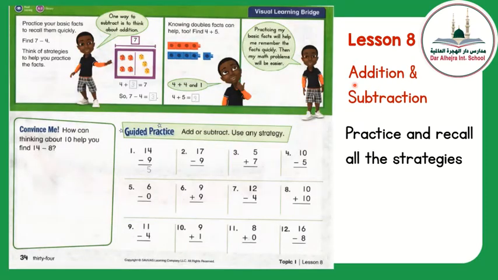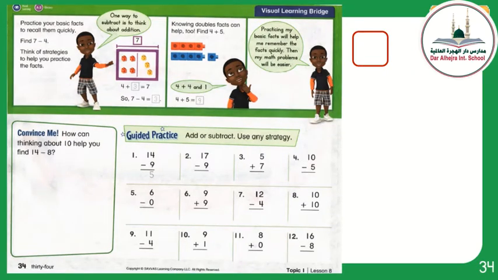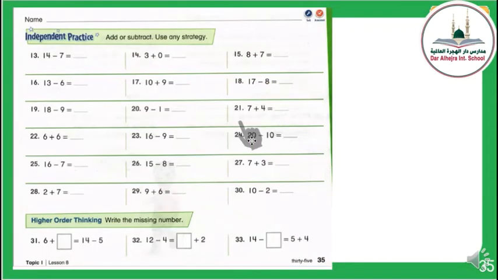Finally, we are on lesson number 8, where we are going to revise all of the addition and subtraction strategies we have studied up till now, and we can use any of the strategies we have studied to solve our equations. Here on this page we have got some other addition and subtraction equations.